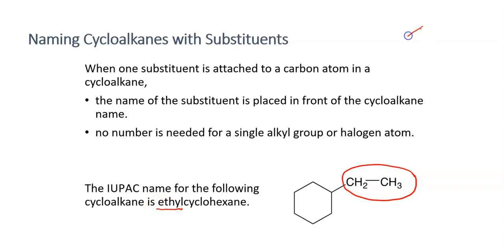Do you remember, if there was no substituent, we just wrote cyclohexane. That was the name. So in this case, you just write the name of the substituent in front of the name cyclohexane. No spaces in between ethyl and cyclohexane.